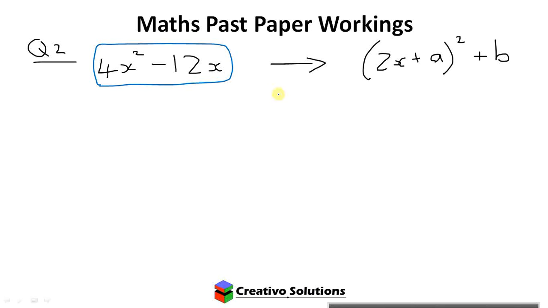Divide by the coefficient of x, add a half of the coefficient of x to both sides. Factorize the left-hand side, which is now a perfect square, and add the terms on the right-hand side. Take the square root of both sides, and then you've got x on its own. Okay, so let's write that down. We write down this on this side. So 4x squared minus 12x.